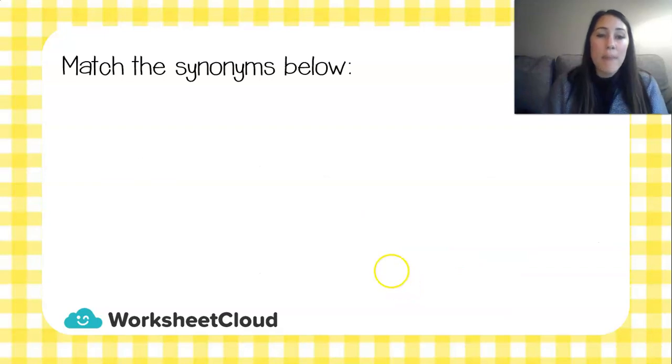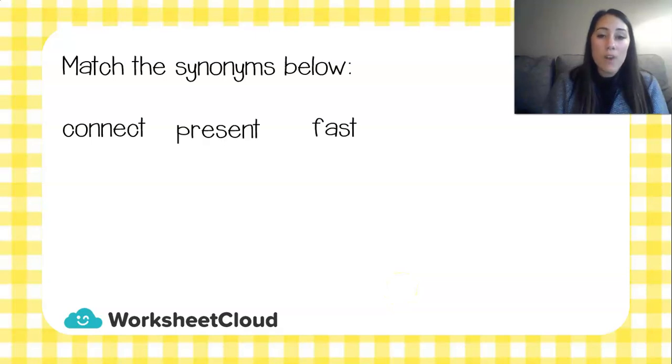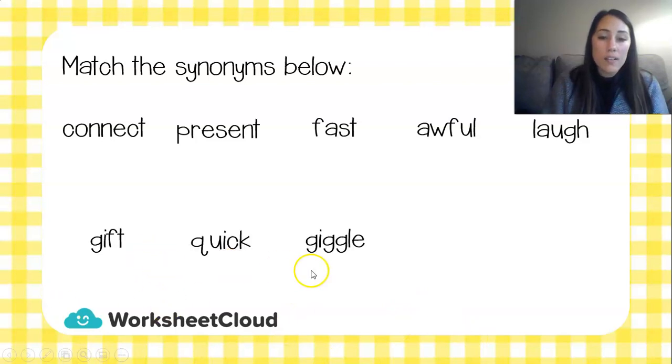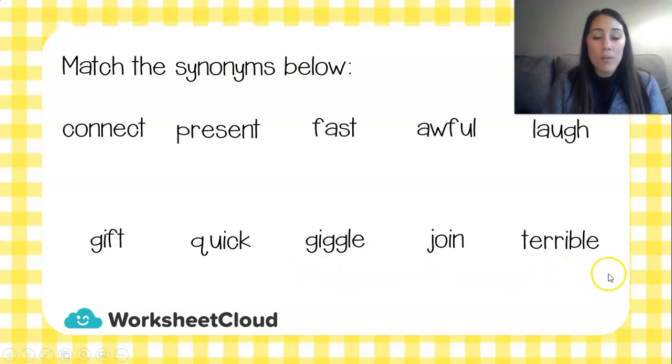So now we're going to match the synonyms below. We've got connect, present, fast, awful, and laugh. And then at the bottom, we've got gift, quick, giggle, join, and terrible.